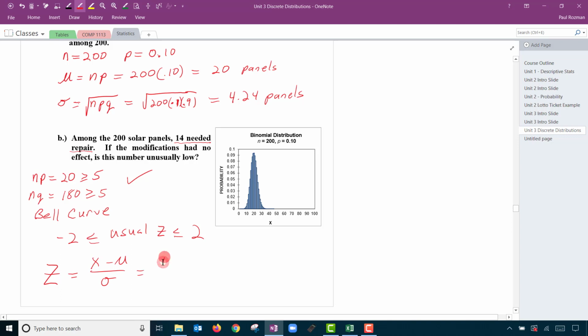The number 14 is our x. We're studying our mean was 20, and our standard deviation was 4.24. This gives us a value of -1.41. So this isn't that unusual. It falls in the range.